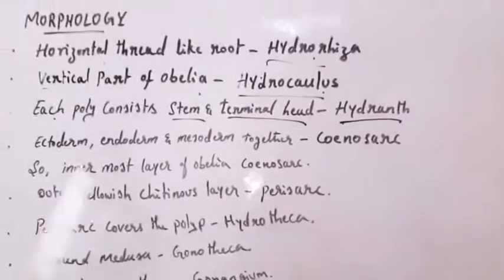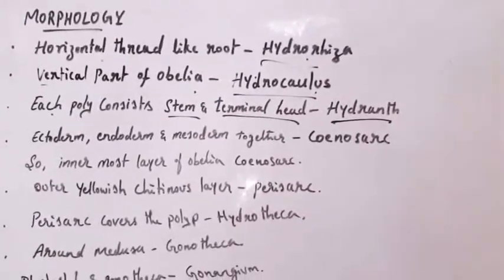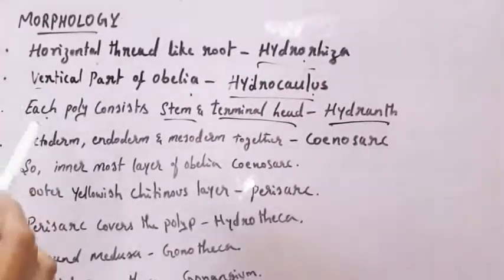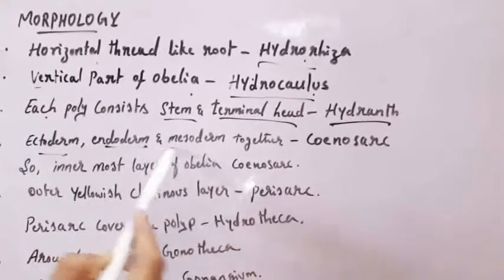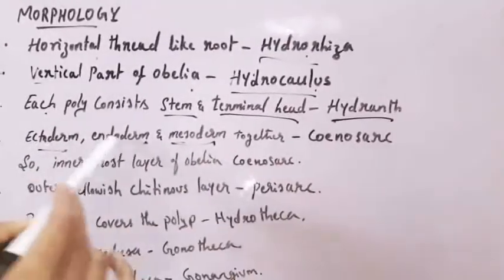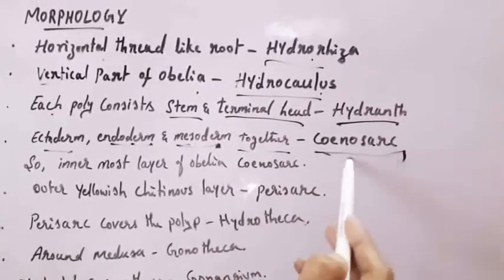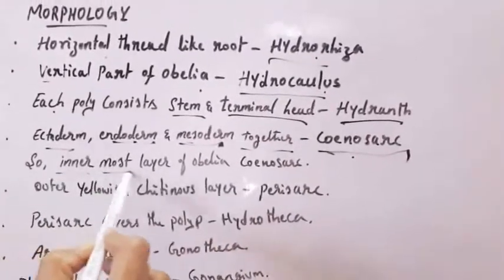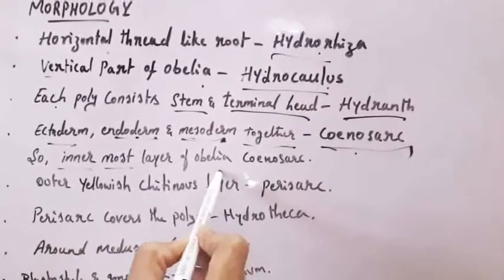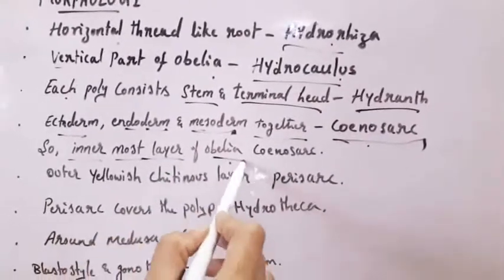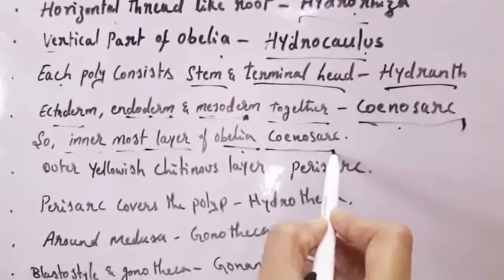So here these polyp, blastostyle and hydrocaulus are made up of ectoderm, endoderm and mesoderm. So these three layers together are called coenosarc. So coenosarc is the innermost layer of Obelia.